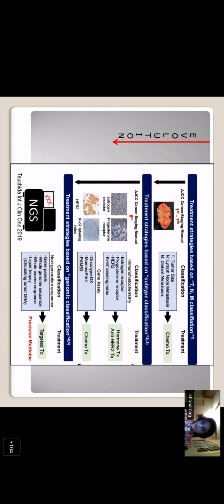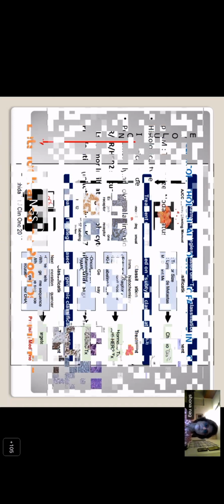It also included genomic assays such as Oncotype DX and MammaPrint. And we have now come into the precision oncology era, which is the NGS. And there is a genomic classification which is based on whole genome sequencing, exome sequencing, and the advent of liquid biopsies, which I will touch on a bit later.